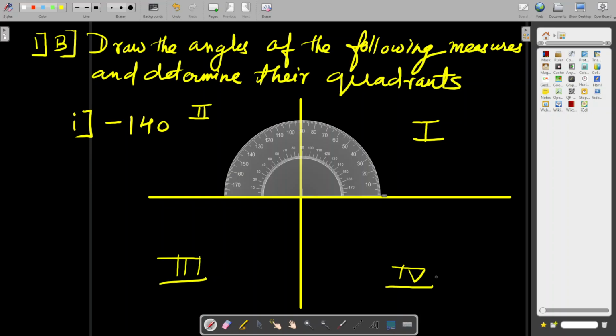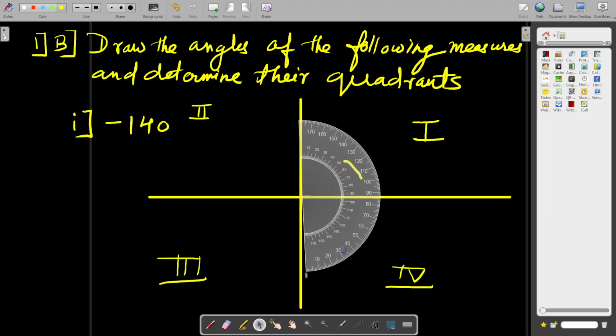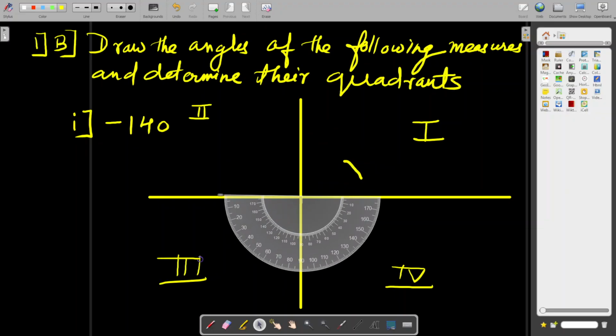So this is minus 140. What we will do, we will just flip this like this.